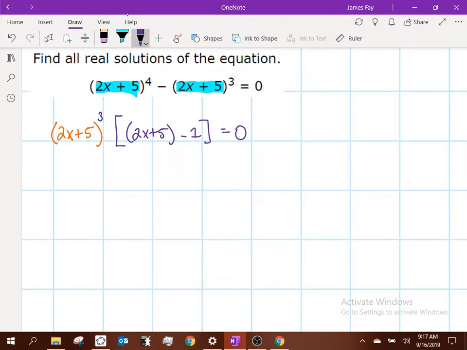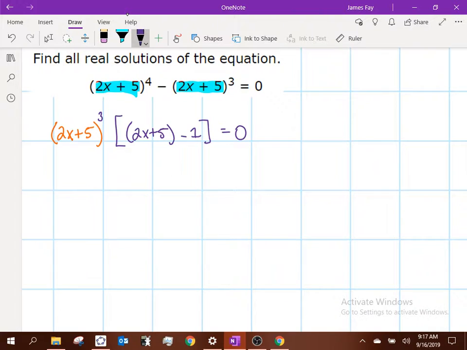Now remember, factoring is just a fancy word for what operation? Division, right? Okay. So kind of think about what this is saying.